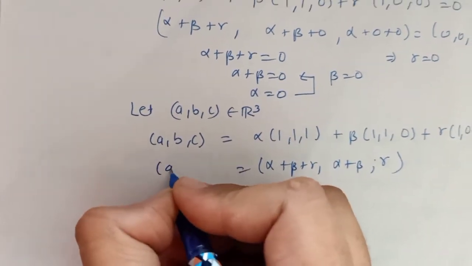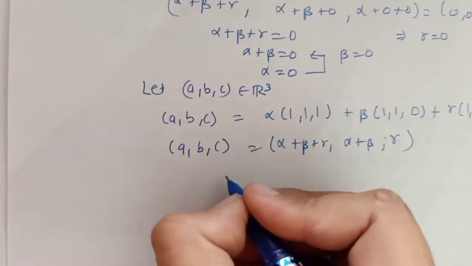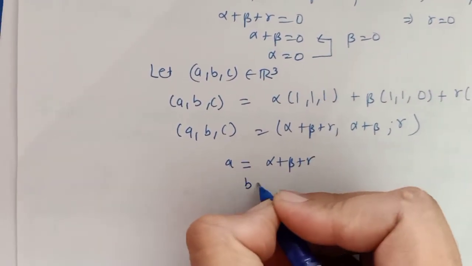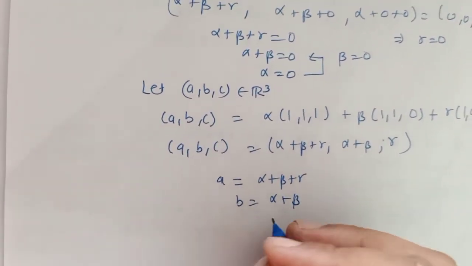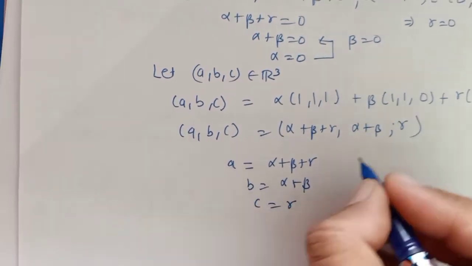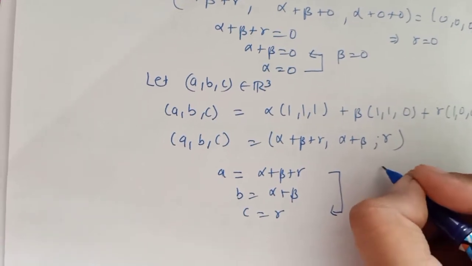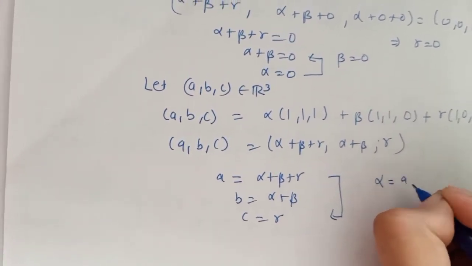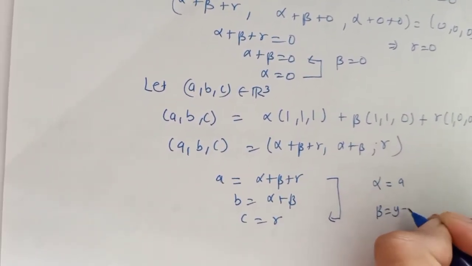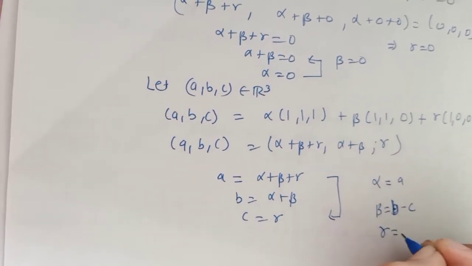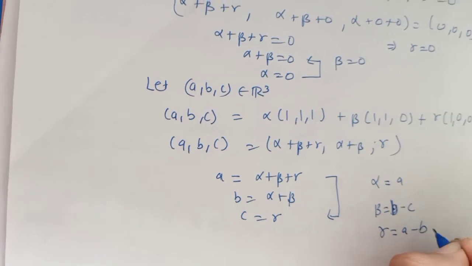So this is (a, b, c). From here a is alpha plus beta plus gamma, b is alpha plus beta, and c is gamma. On calculation, you will obtain the values of alpha as a, beta as b minus c, and gamma as a minus b.